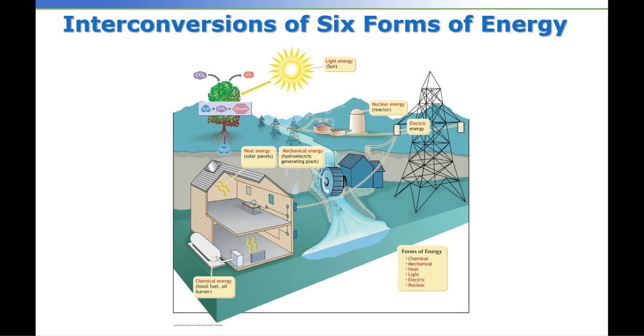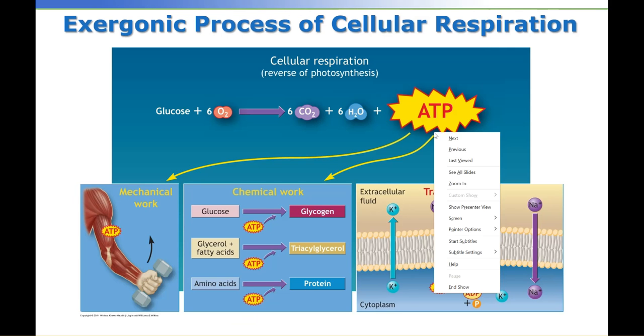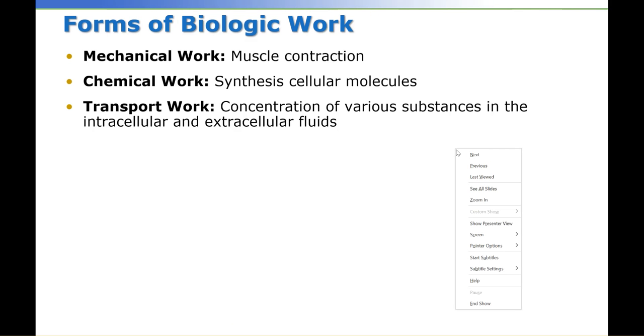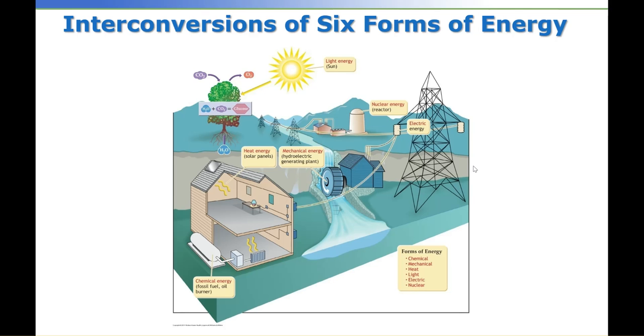You have the light energy of the sun, which the plants take in, and photosynthesis takes place, where the chloroplast absorbs the radiant or solar energy to synthesize.